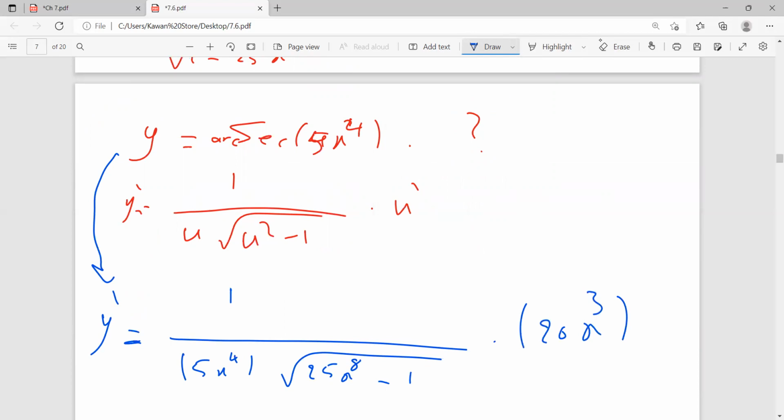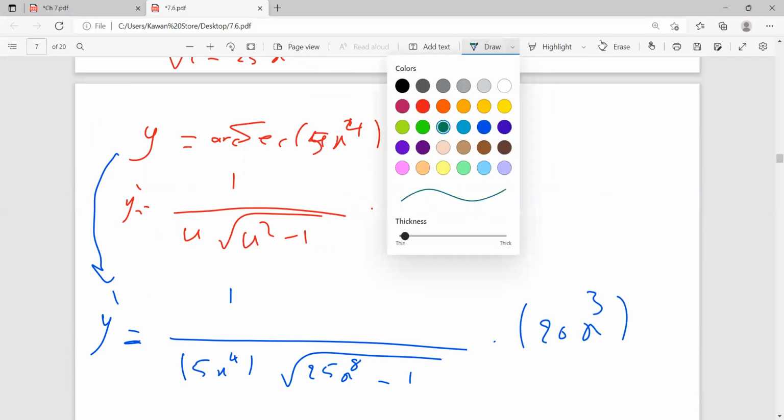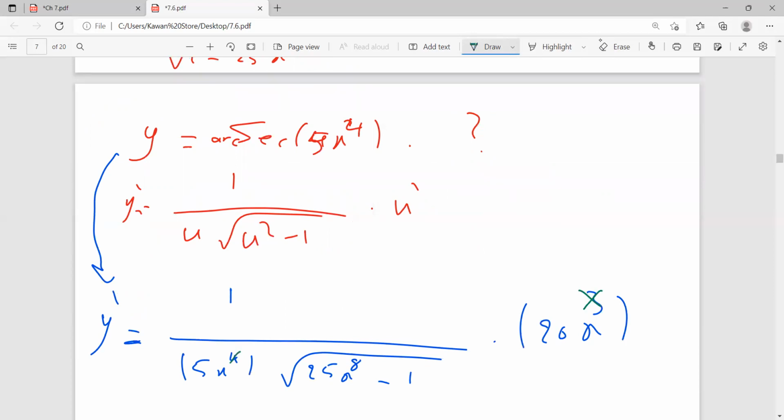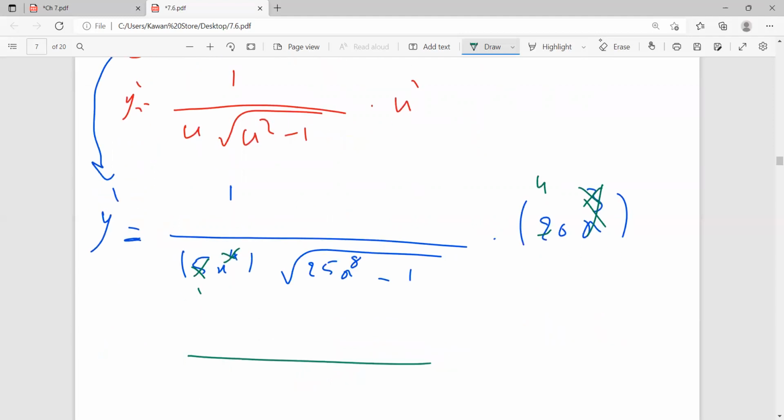Then later you can eliminate that one with that one. You can do whatever you want. And you can see this is 5, this is 4. So I'll get 4 over x times square root of 25x to power 8 minus 1. That's it. You got the point, dears? Easy.